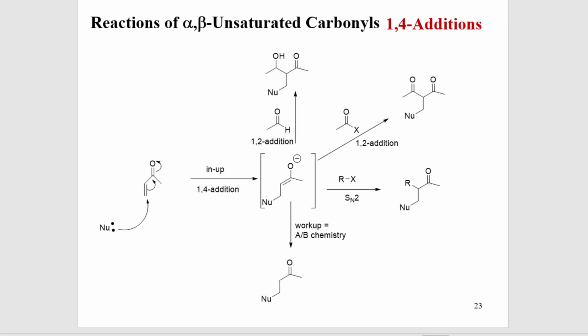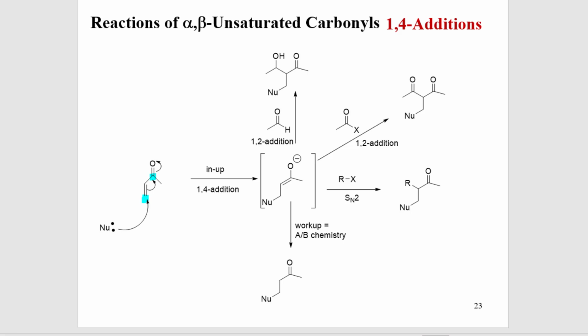Okay, so what do we have to be aware of? Well, this is the last, oh my gosh, we finally got here, the last mechanism on our mechanism motif sheet. We've covered 1,2 additions in an exhaustive fashion. Now, as I showed you on that previous slide, there are 2 electrophile sites.